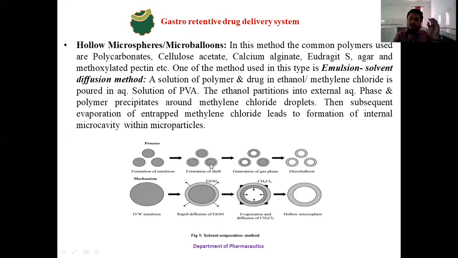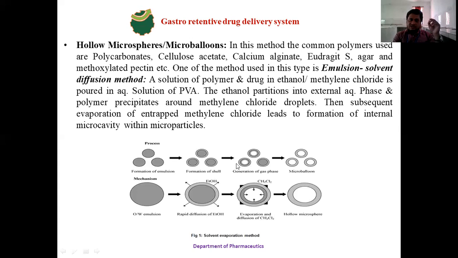As the methylene chloride evaporates, a gas space forms, and the droplet looks like a balloon or a sphere, and those try to float in the gastric fluid.